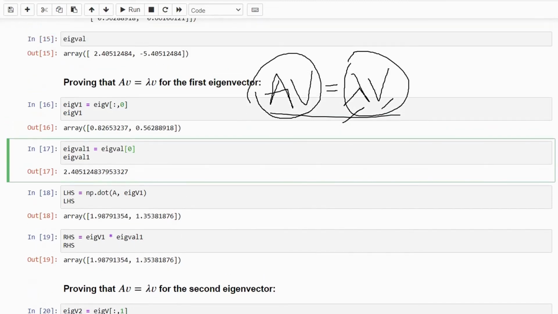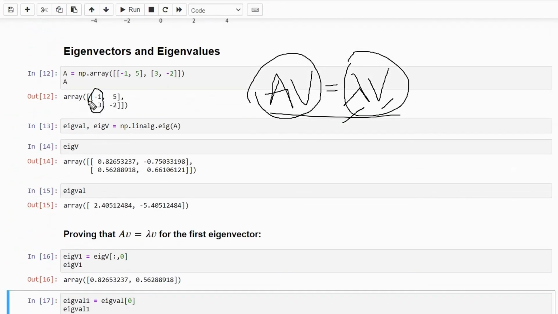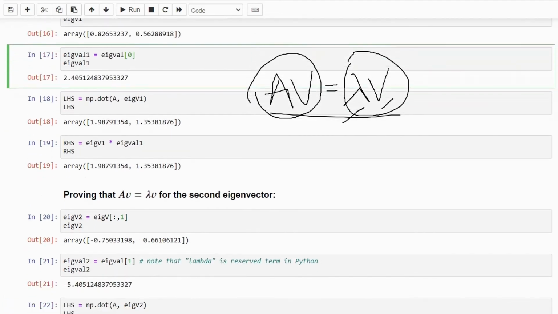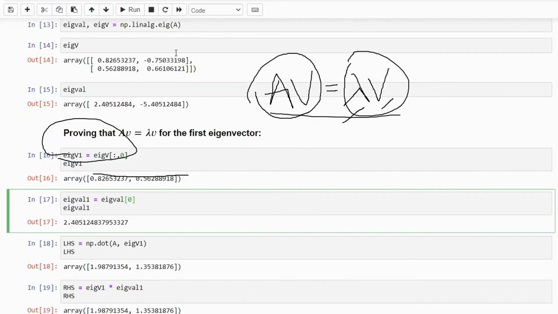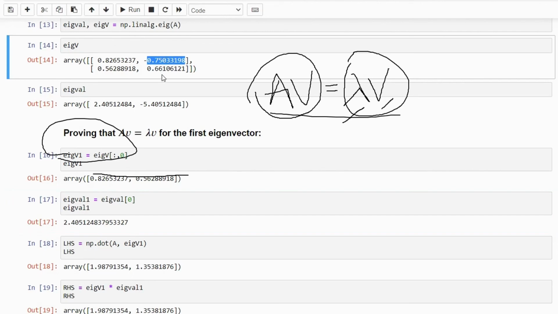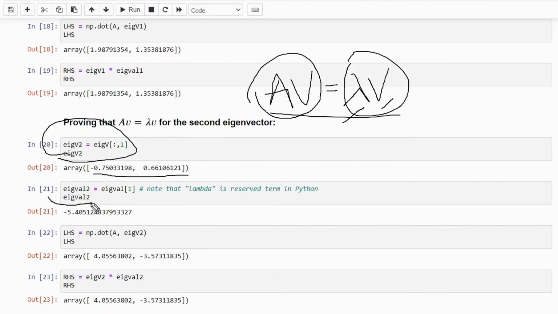Okay, so this was the calculation for the first eigenvector and eigenvalue. And now let's try to do the same calculation for the second eigenvector and eigenvalue. So here in the following cells, I'm creating a new variable which is representing the second eigenvector, which is nothing but the values we have here, minus 0.75 and 0.66. And this variable is representing the second eigenvalue.